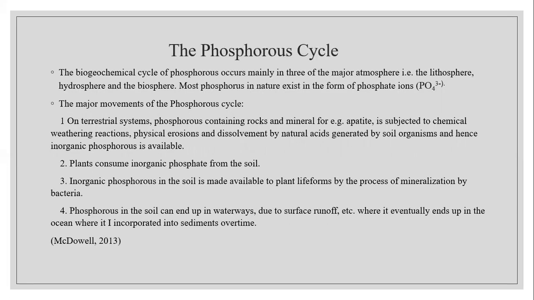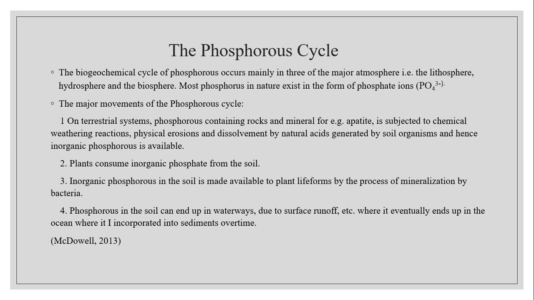So as we can see here on the slide, the phosphorus cycle is a biogeochemical cycle, and it occurs mainly in 3 of the major spheres, which are the lithosphere, hydrosphere, and biosphere. Most phosphorus in nature exists in the form of phosphate ions.